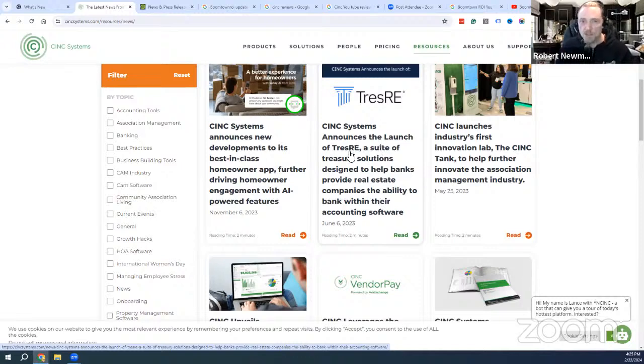CINC Systems announces a launch of TRES-RE, a suite of treasury solutions designed to help banks provide real estate companies the ability to bank within their accounting software. In other words, they're working with their core skill set by being owned by a mortgage company, and they're working on financial solutions in the back of CINC.